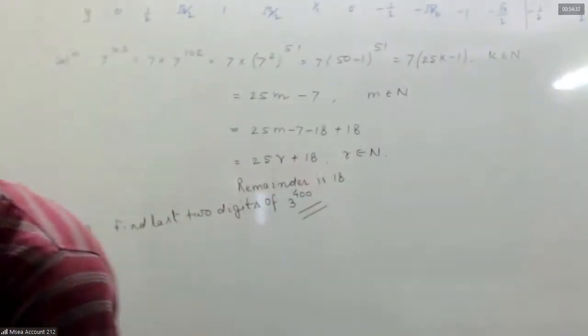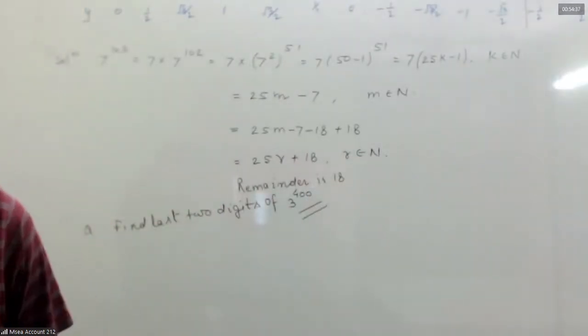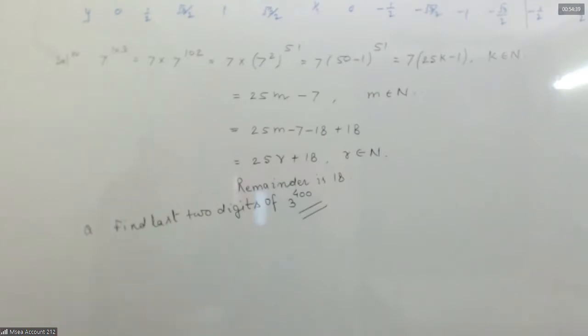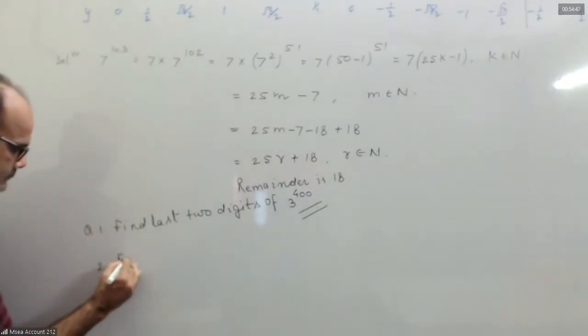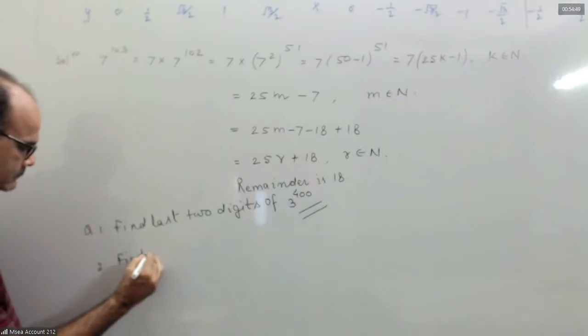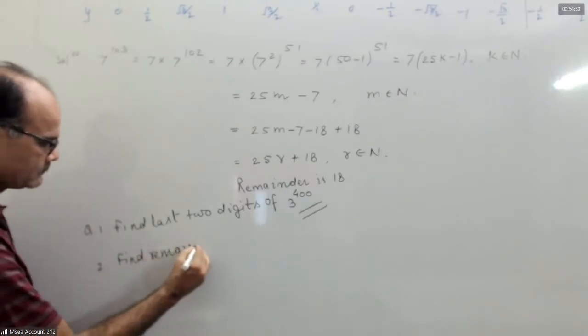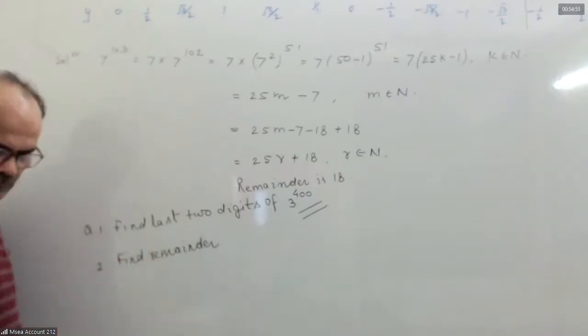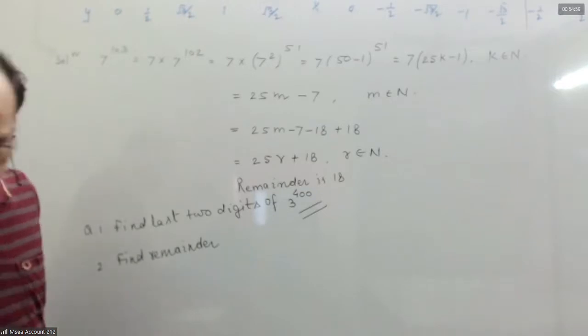One more question I'm giving, just for thinking. Find the remainder when 2021 to the power 3762 is divided by 17.